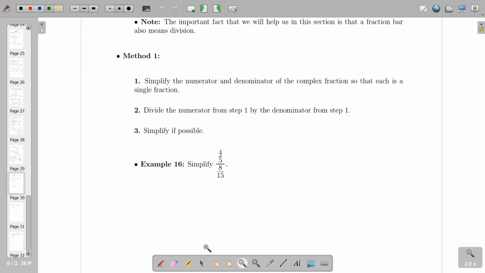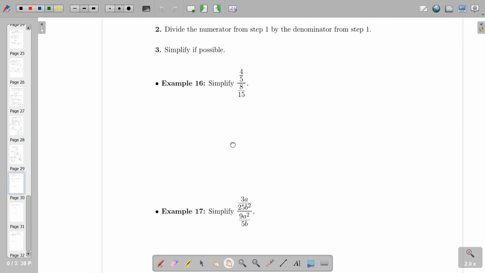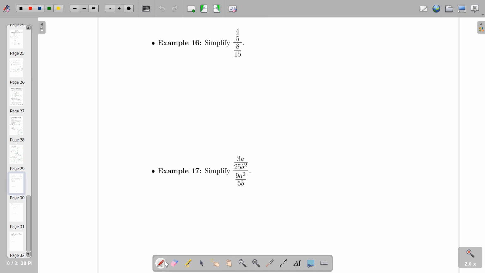So if I look at this, 4/5 over 8/15, that fraction bar right there is just me saying I'm going to divide. So I can say divided by 8/15.